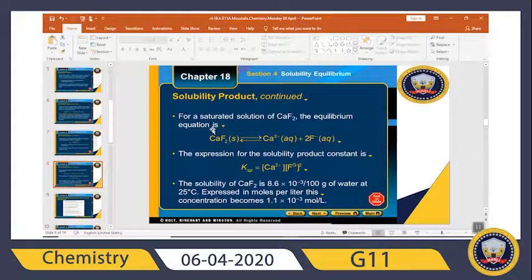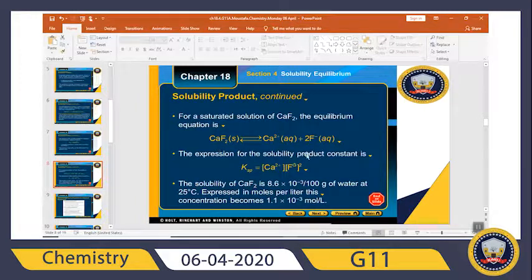Another example, with another coefficient: a saturated solution of calcium fluoride at equilibrium. Calcium fluoride is also slightly soluble in water. It is a solid, so a few particles will ionize in the solution, calcium cation and fluoride anion.